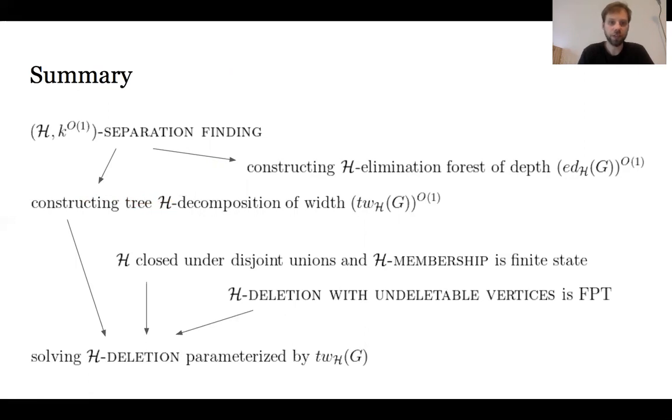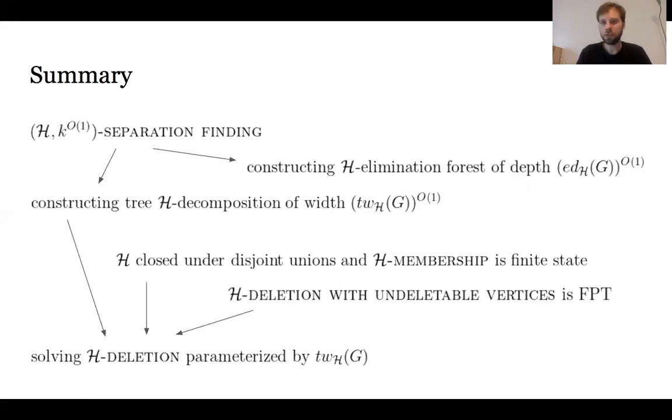Namely, if class H is closed under taking disjoint union of graphs, and it enjoys something called the finite state property, and furthermore, suppose that H deletion is FPT parameterized by the solution size, while some vertices are marked as undeletable, then when all these assumptions are satisfied, we can solve H deletion parameterized by the width of the given decomposition.